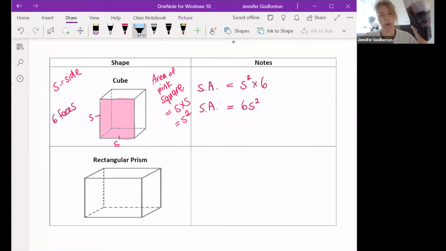I want you to think of this book again, okay? Remember I said that this area would be the same as this area, okay? The same idea. So if I work out the area of this blue rectangle over here, okay? Do you agree that it would be exactly the same as the rectangle at the back of it?